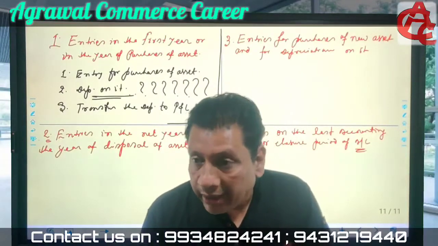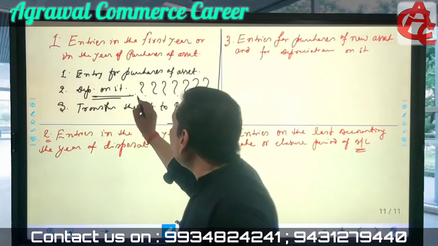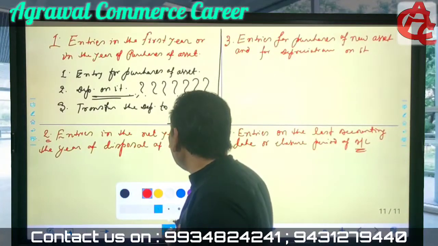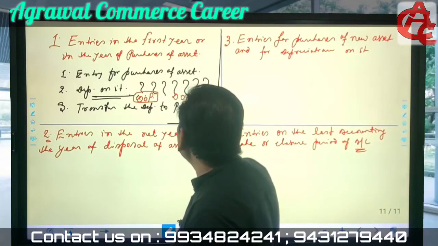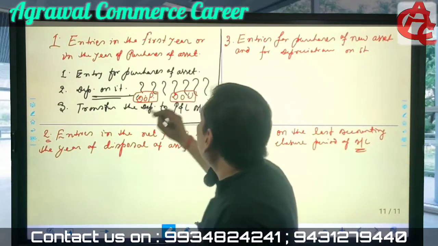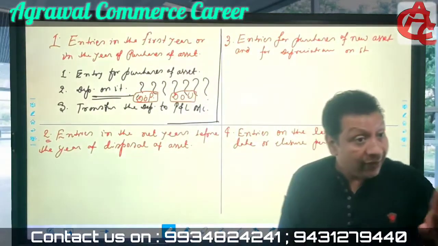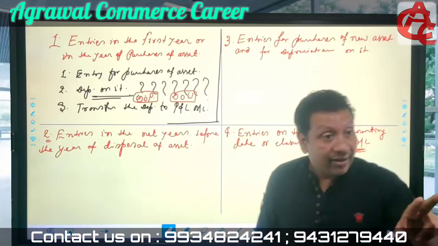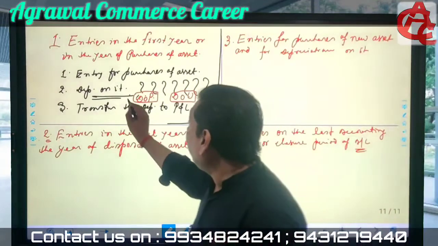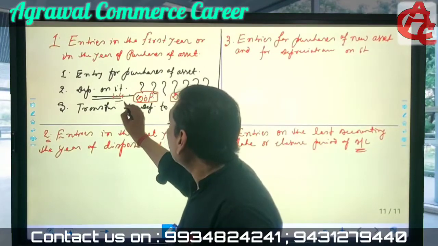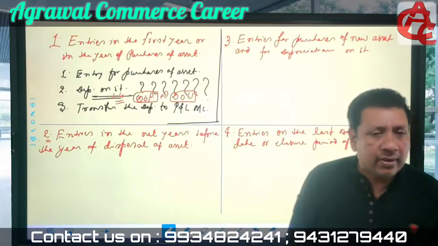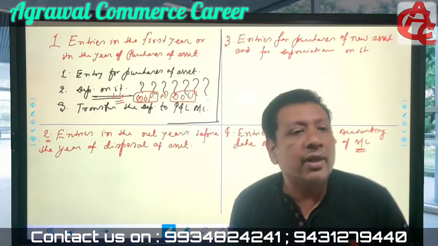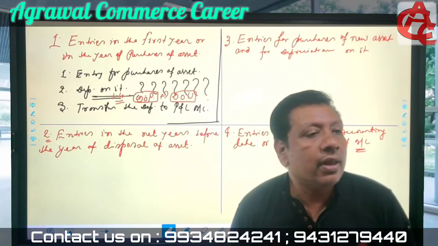DOP, date of purchase, is very significant. DOP, date of purchase, is one thing, and DOU, date of use, is different. Is it clear? When I purchased it, after 3 months the factory started and I managed to start the machine.